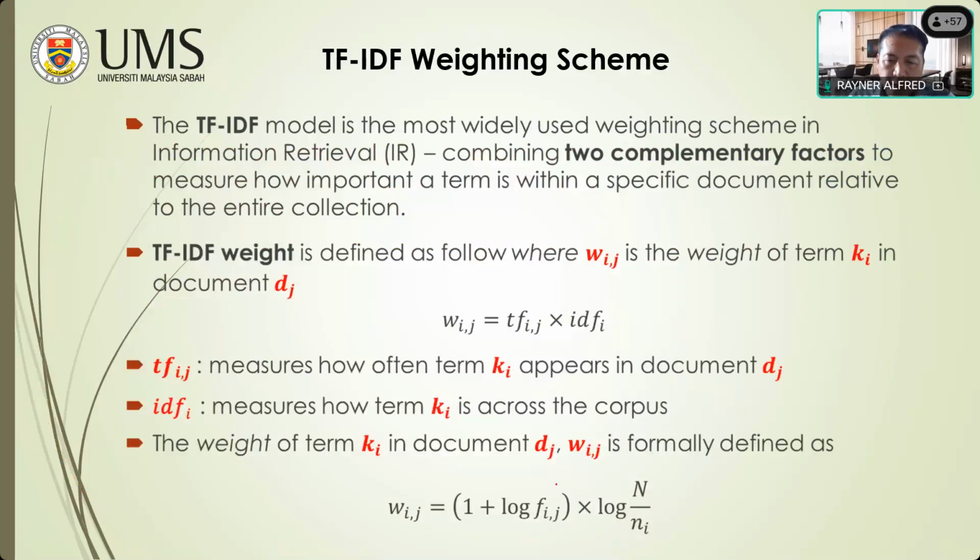This is the first part, this is the second part. The first part shows which terms are important in the document, and the second part is used to highlight a very specific term and ignore the less specific terms that we have in the document. So this is like filtering.